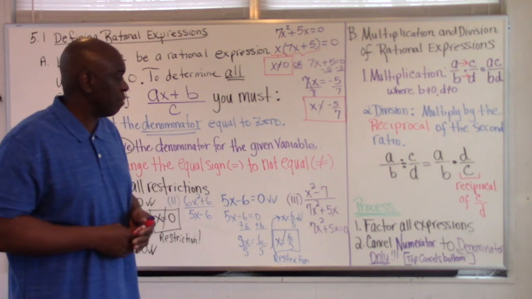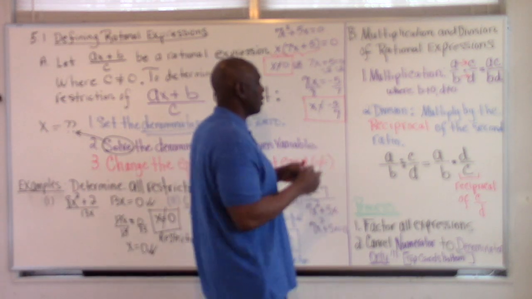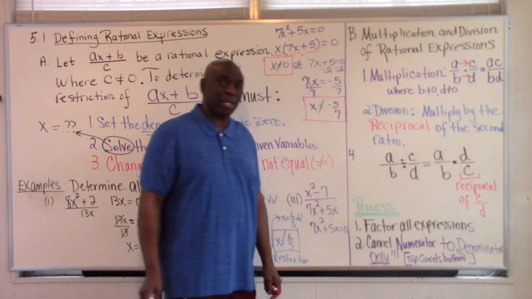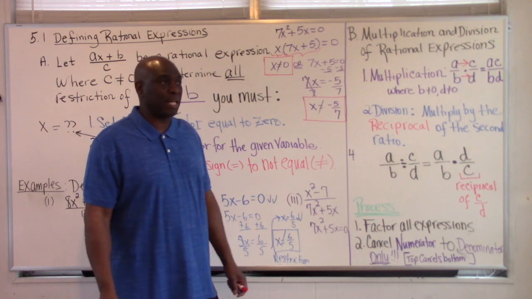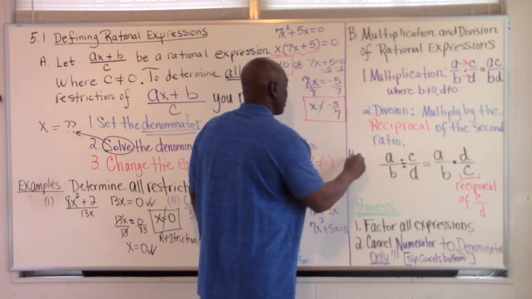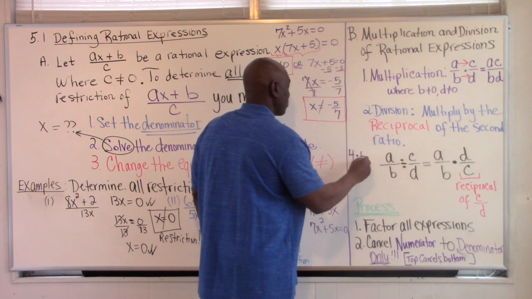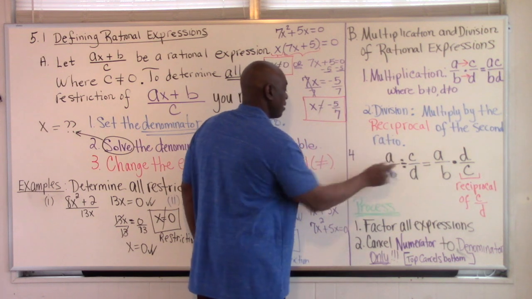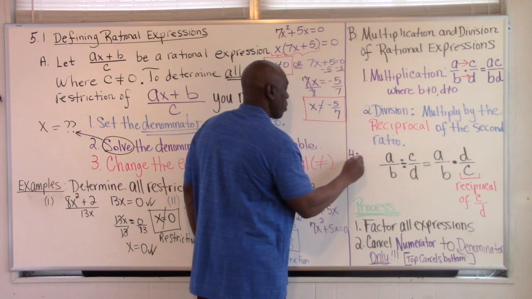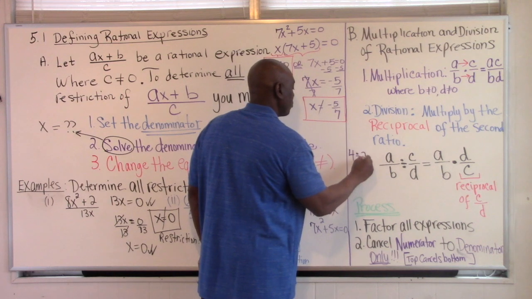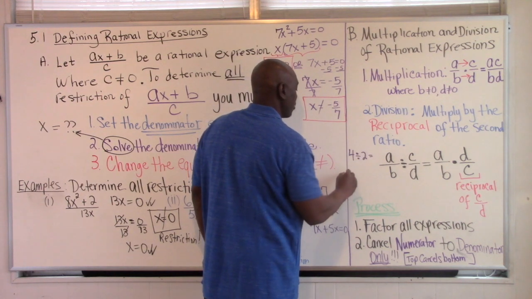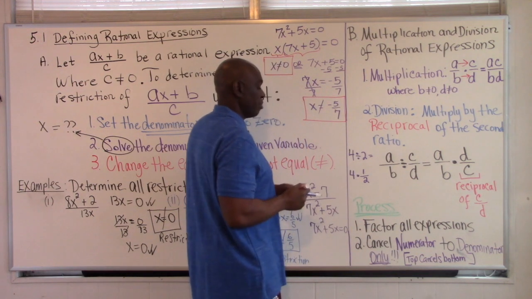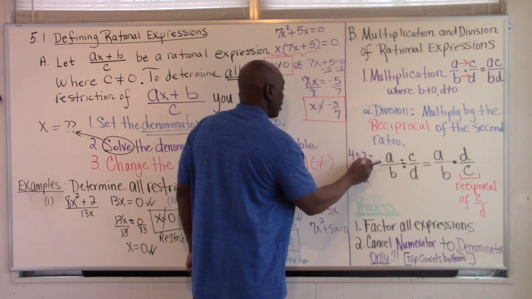Let me give you a simple number. Like if I have the number 4, let me divide it first. If I want to divide 4 by 2, that's the same thing as taking 4 times 1/2, because you know that there is a 1 under the 2.